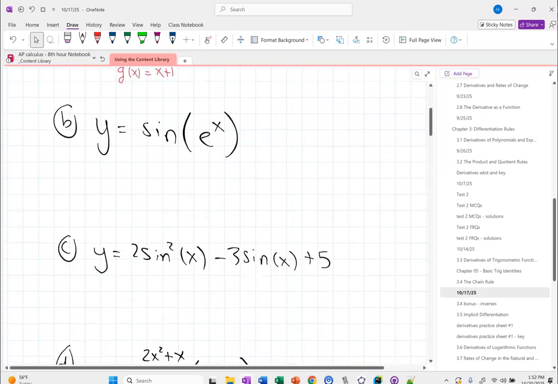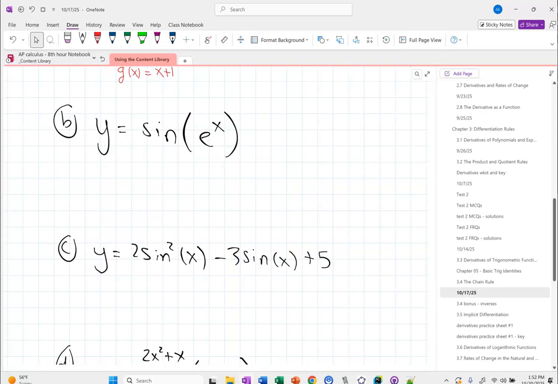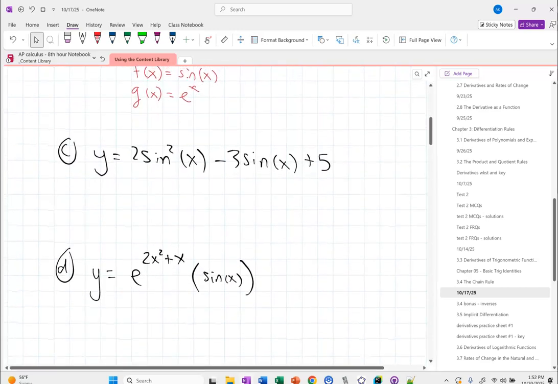Sine of e to the x. The outer function is? And the inner function is? Okay. Does this feel pretty natural to you guys? Yeah? Okay. Let's look at this next one: 2 sine squared x minus 3 sine x plus 5.